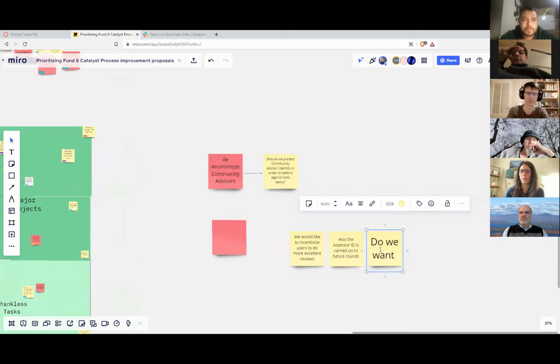And we already spoke with Alison and Kenrick about how this particular issue can be solved, regarding the anonymized community advisors and how to deal with their identity, and when it should be present, or in other cases should be anonymized.